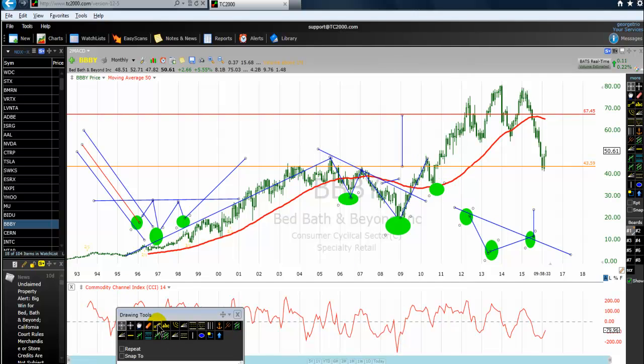Now this inverted head and shoulder chart pattern is a continuation pattern. It's a continuation chart pattern because it's not taking place at the end of a downtrend. There was instead an uptrend, and somewhere in between is a correction, and the price formed an inverted head and shoulder pattern. This is a continuation pattern.